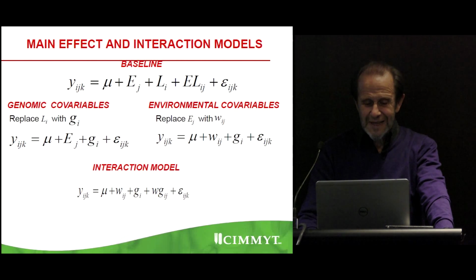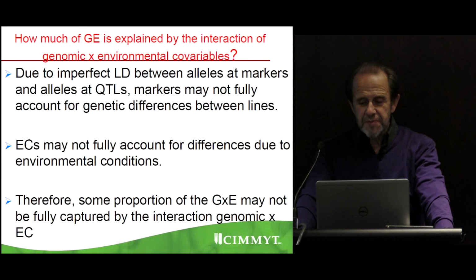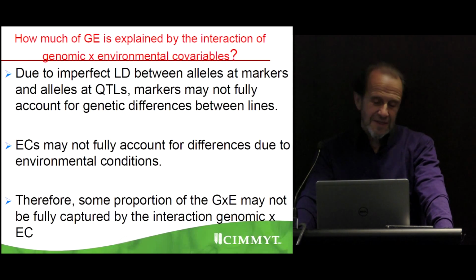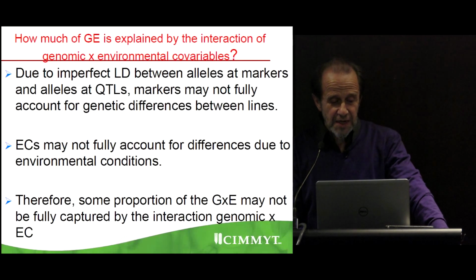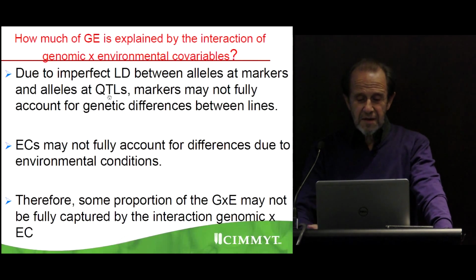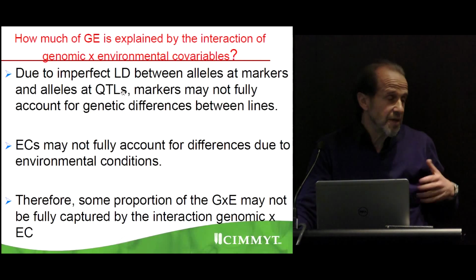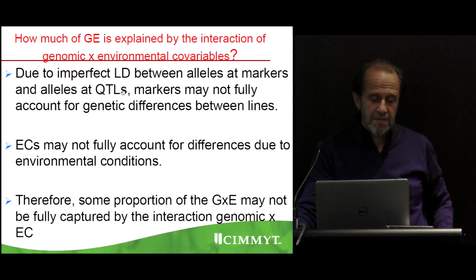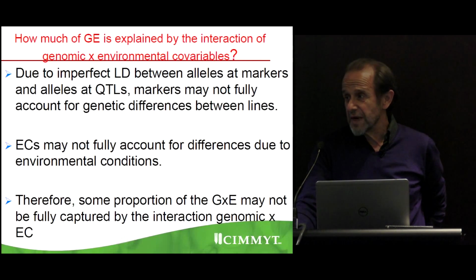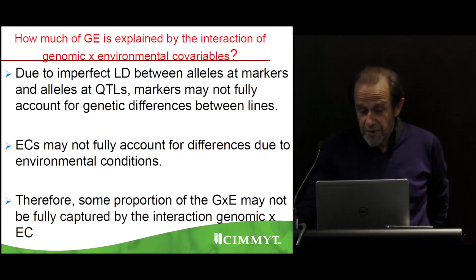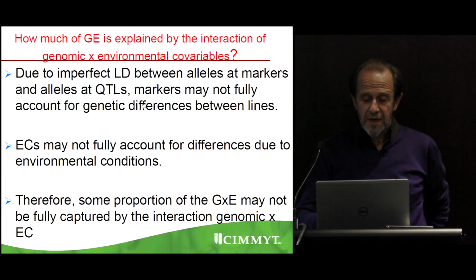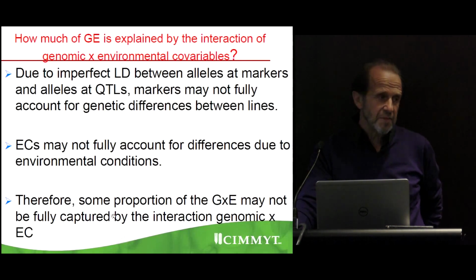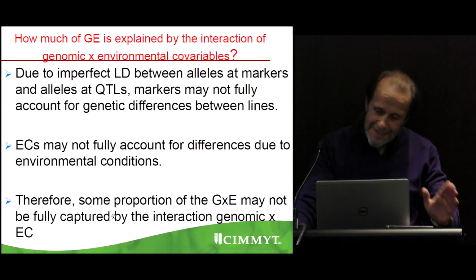But this is important. Now, how much of the G by E might be explained by the interaction? Due to imperfect LD between the alleles at the markers and the alleles at the QTLs, markers may not fully account for genetic differences between lines. That's clear. Environmental covariates might not fully account for differences due to environmental conditions. Therefore, the proportion of G by E might not be fully captured in the interaction of genomics by environmental covariables.